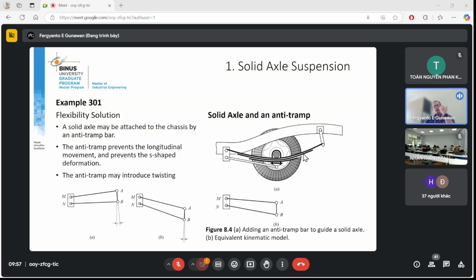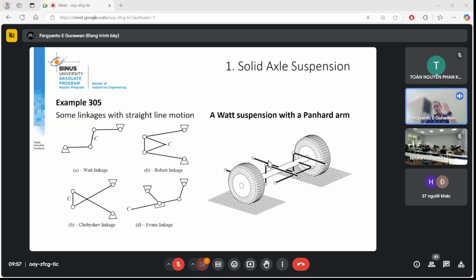So clearly, in order to have a fully functional suspension, you need the leaf spring that reduces the vibration. You need the Watt linkage to avoid the movement in the longitudinal direction, and the Panhard arm for the lateral directions, right?